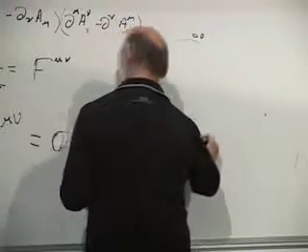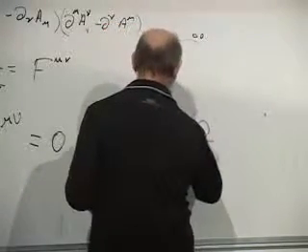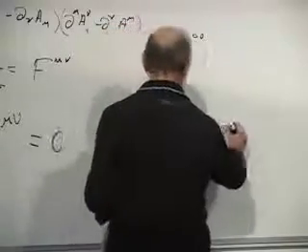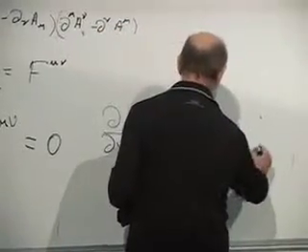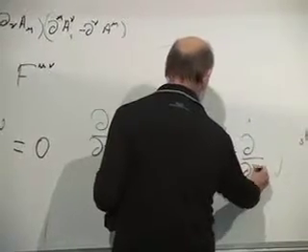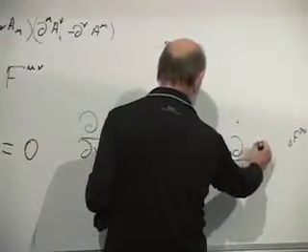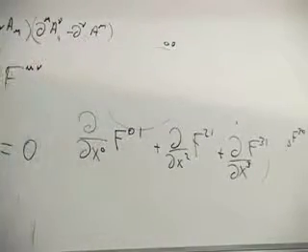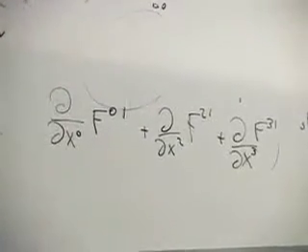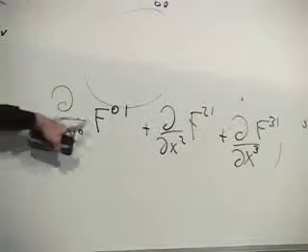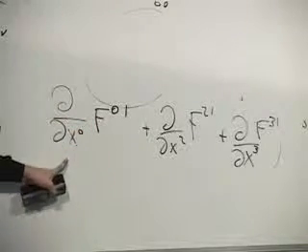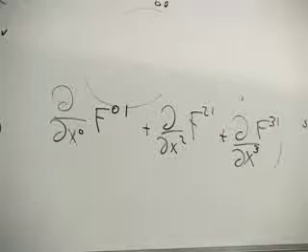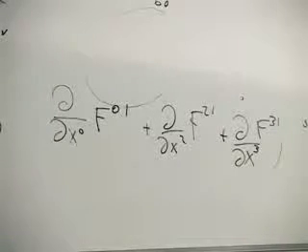And then we have plus d by dx2 of F21 plus d by dx3 of F31. 3-1, I believe. Is that correct? I think that's correct. Okay, what's this term here? That's the time derivative of the electric field.